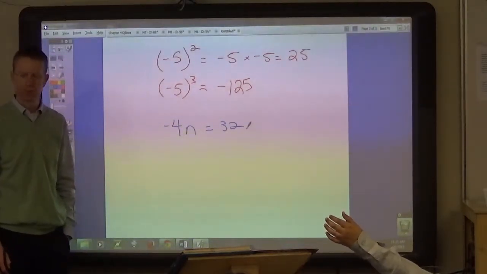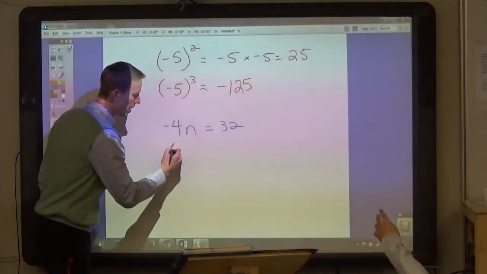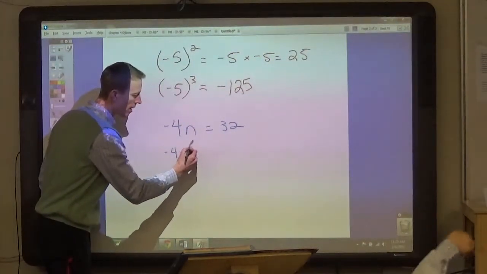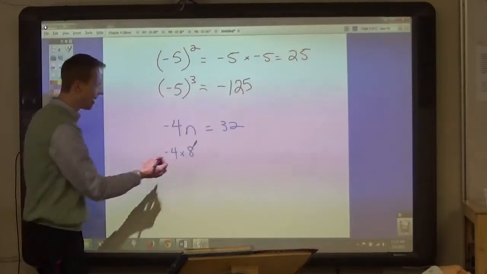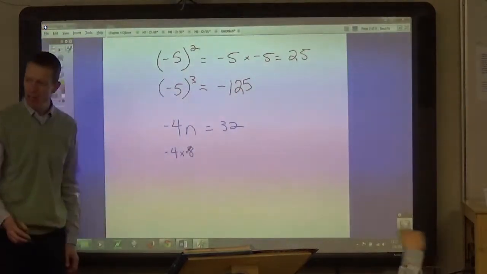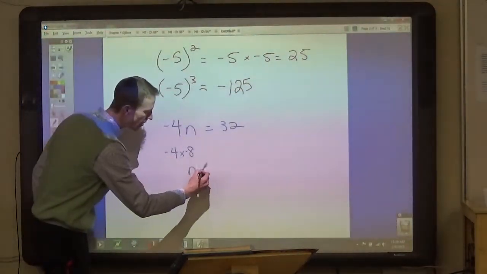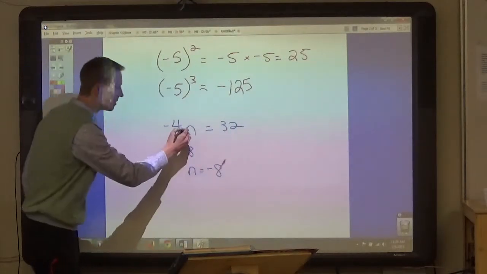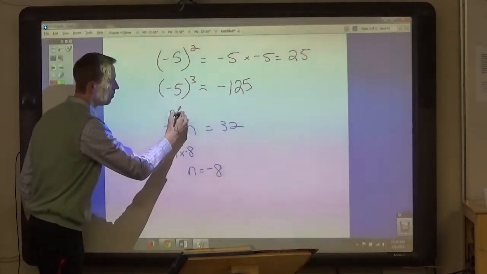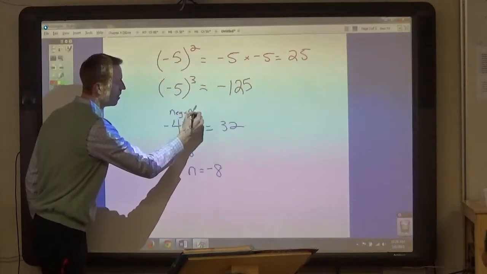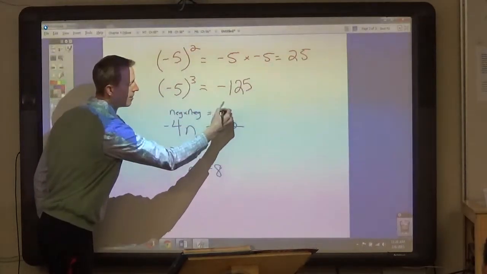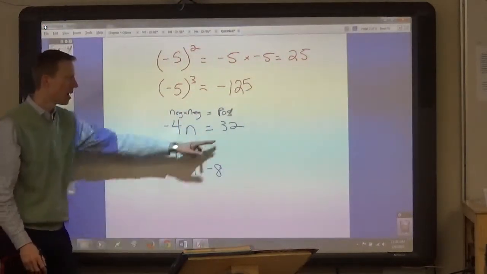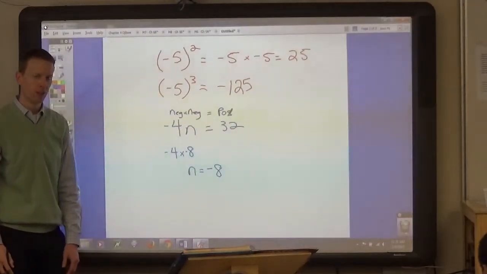Merlin? 8? So negative 4 times 8? Aha! It'd have to be negative 8, wouldn't it? N has to be negative 8 because a negative times a negative equals a positive answer. And this is positive 32. Right?